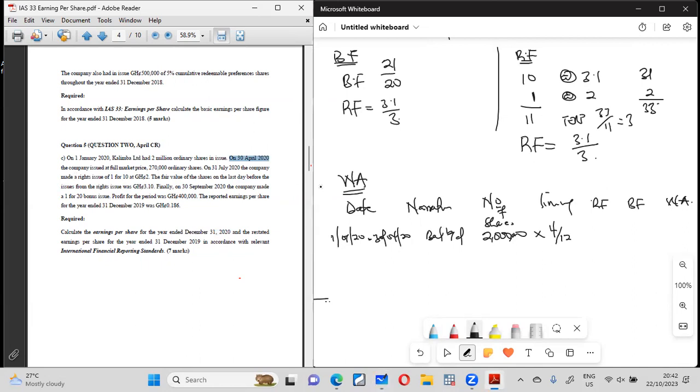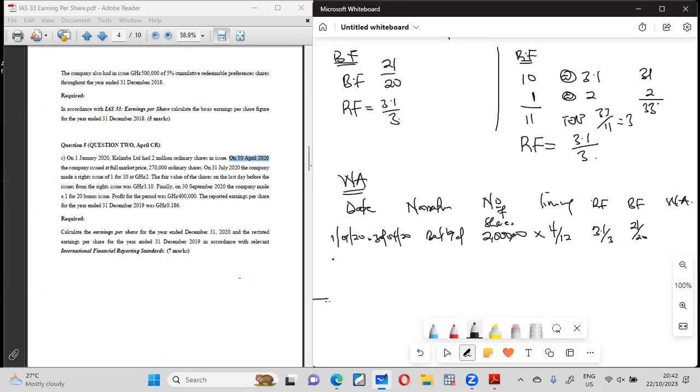Yes, 4 months. So what is our right fraction? 3.1 over 3. And what is our bonus fraction? That is 21 over 20. So don't forget that we will apply it on these things till we get to the date the right issue is done. Then we don't apply those ones anymore.